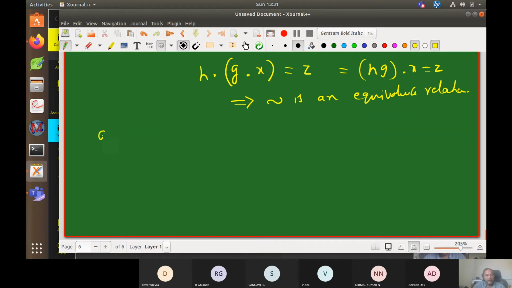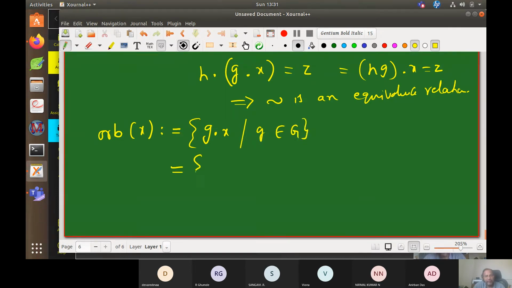Now the equivalence classes I am calling the orbit of x. I already denoted it: it is g·x such that g belongs to G. According to this definition, it is all y belonging to X such that there exists g belonging to G such that g·x equals y.